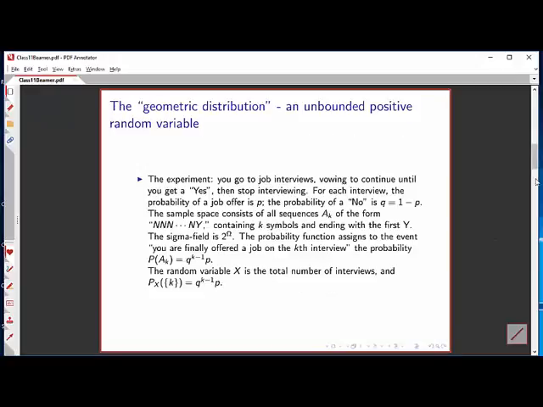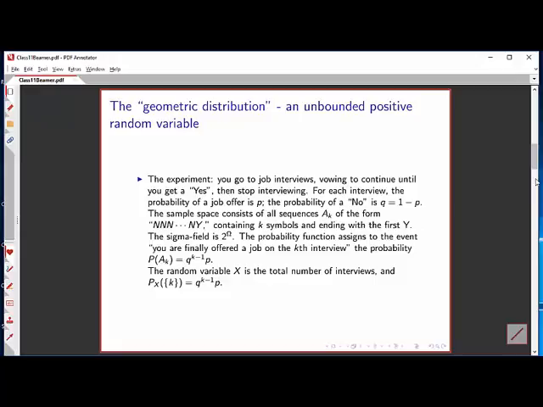My first one is going to be the distribution known as the geometric distribution. Here's a concrete example that gives rise to the geometric distribution. You go to job interviews, and your plan is you will continue interviewing until someone says yes to you, and then you stop interviewing. At each interview, the probability that you'll be offered a job is p.